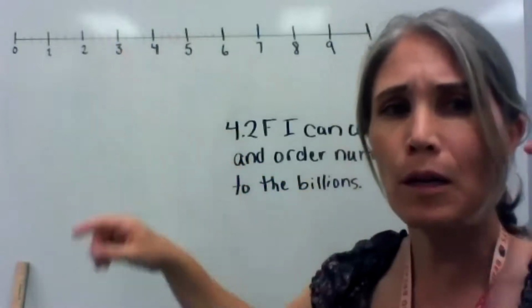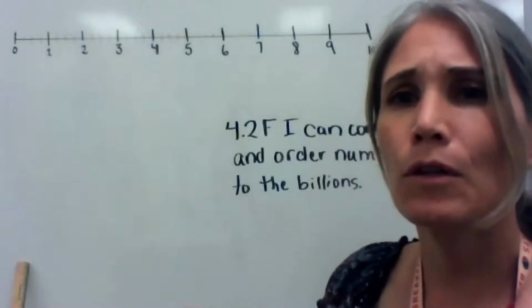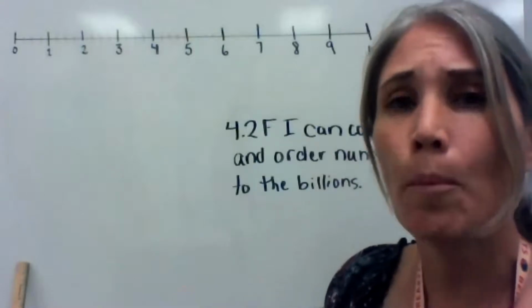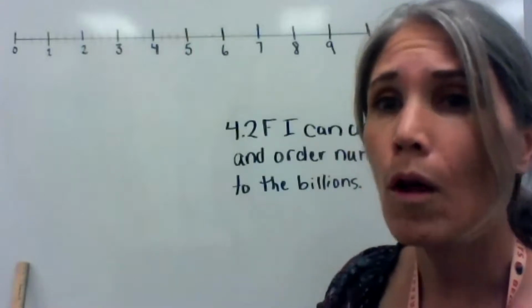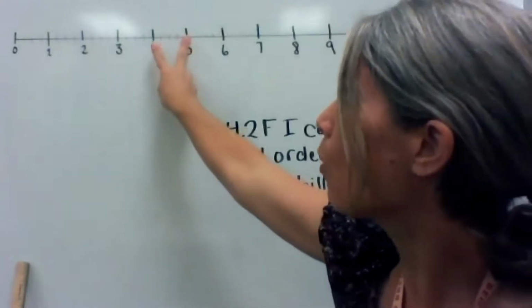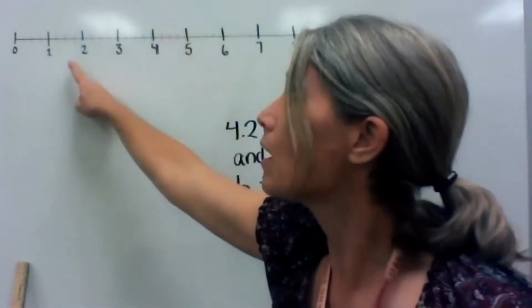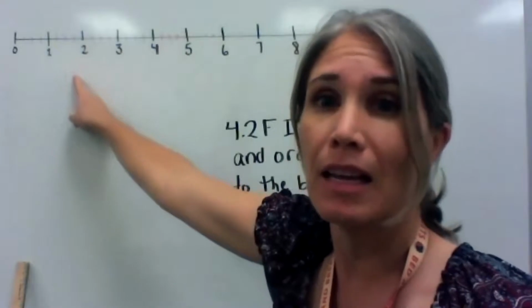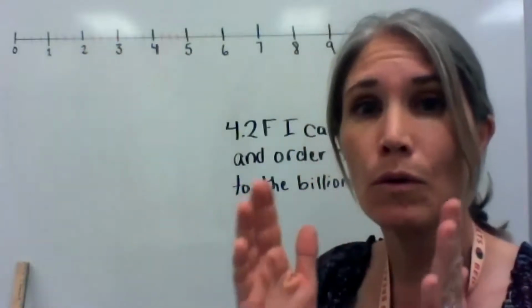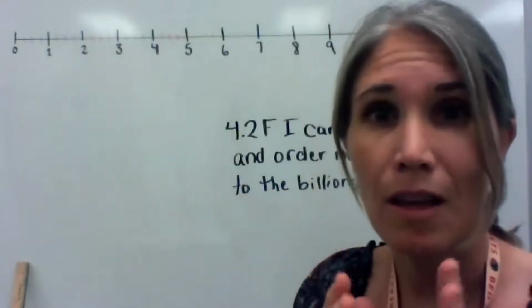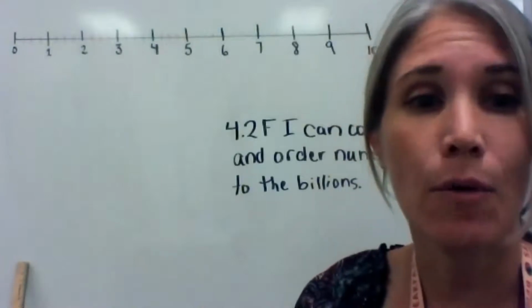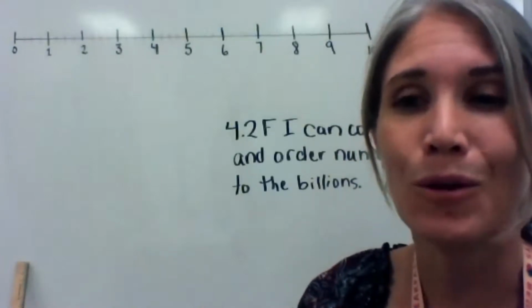And you're wondering, how are we going to put decimals on there? Well, because decimals are parts of a whole, we take those whole segments in between the numbers and we divide them into equal segments. So let's watch a video and see how this works.